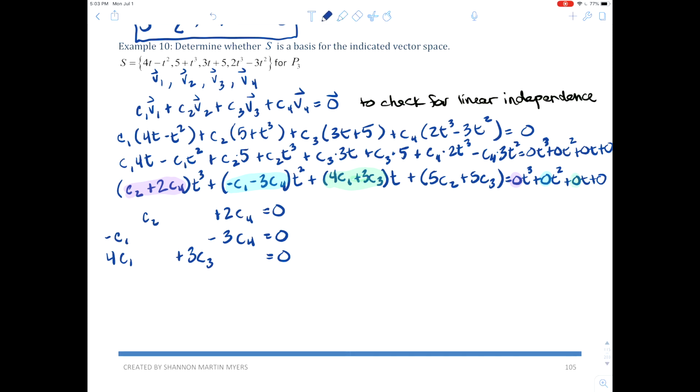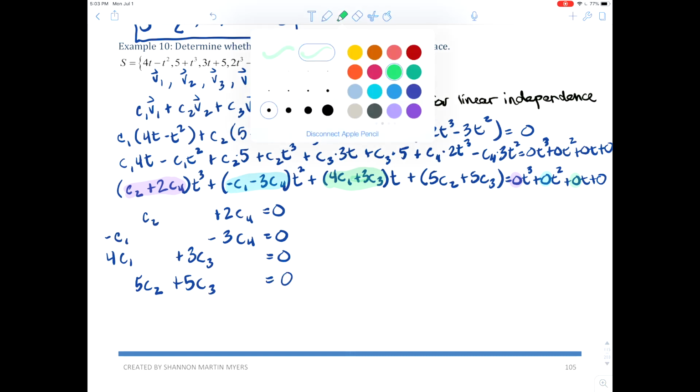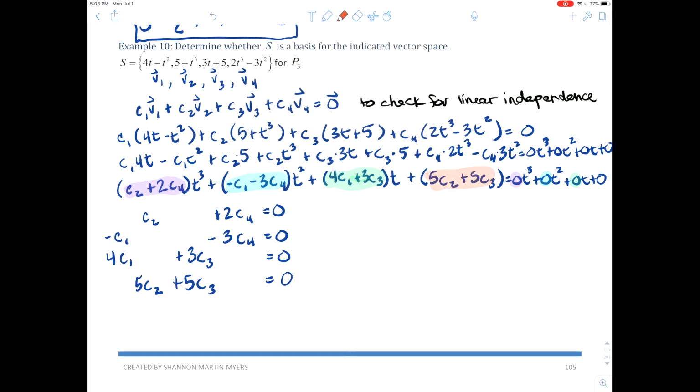And then 5C2 plus 5C3 equal to 0, and that's from equating this expression to this 0. Cool, cool?